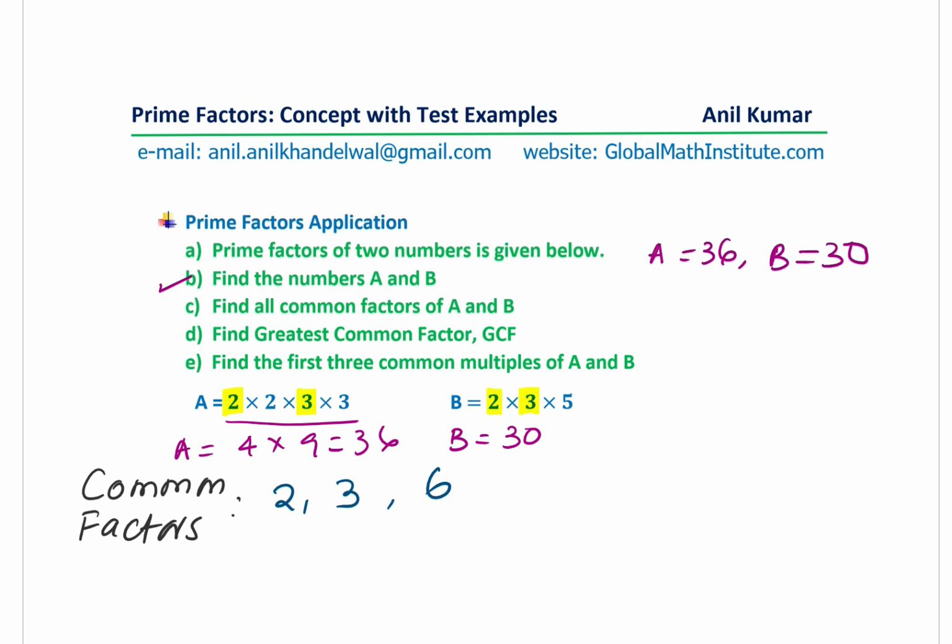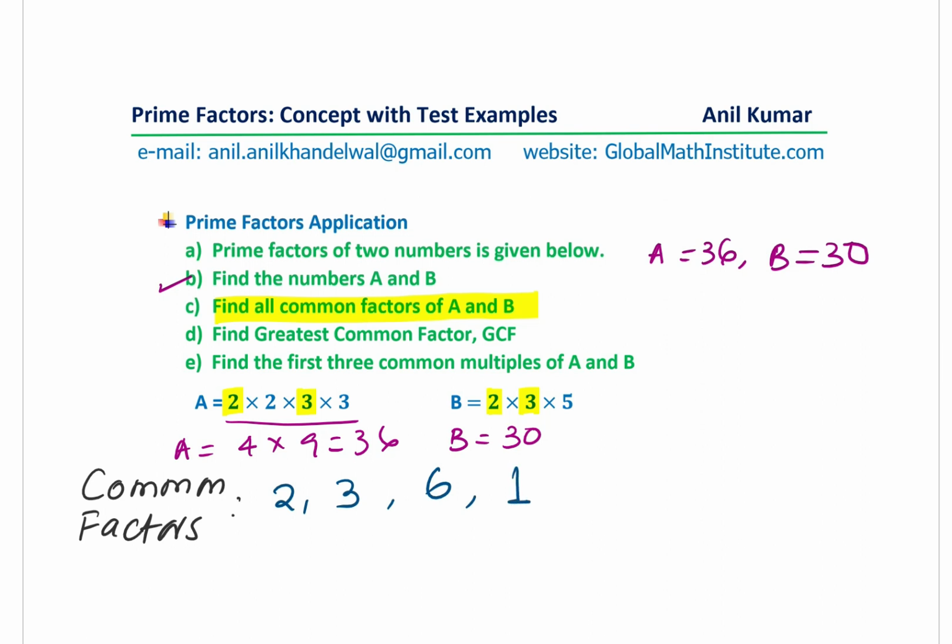Okay. So find all common factors. All will include this. What else? Well, we are saying find all common factors. We are not saying prime. Find all common factors of a and b. So we have to also include the number 1. 1 is always a common factor.